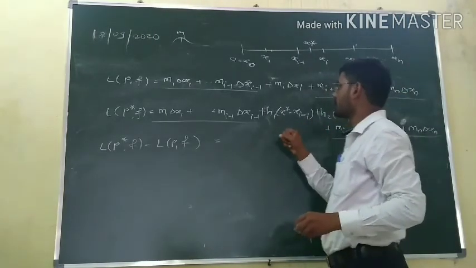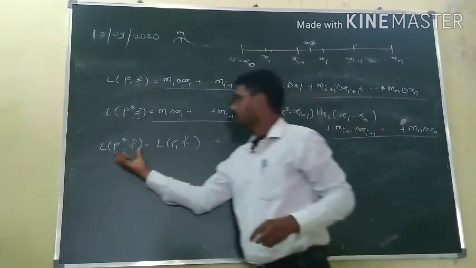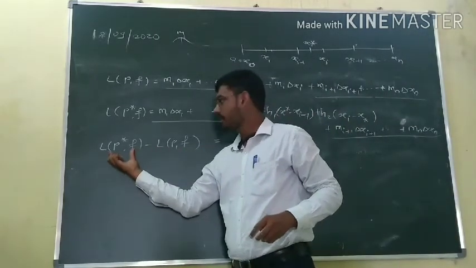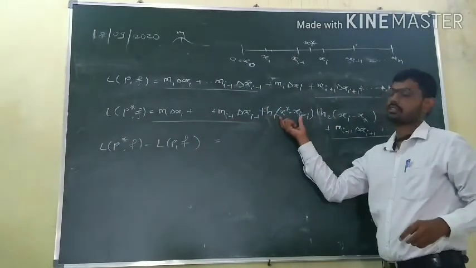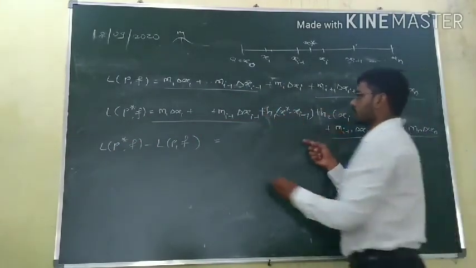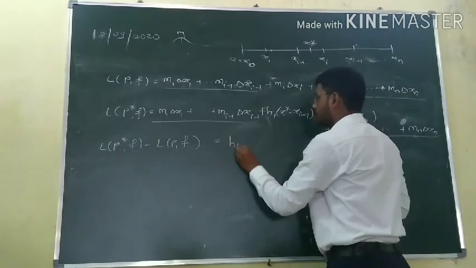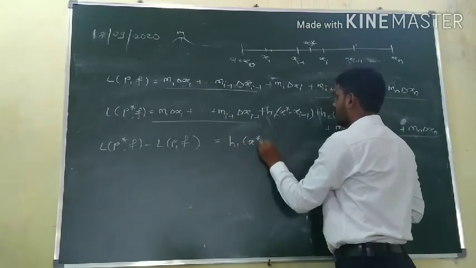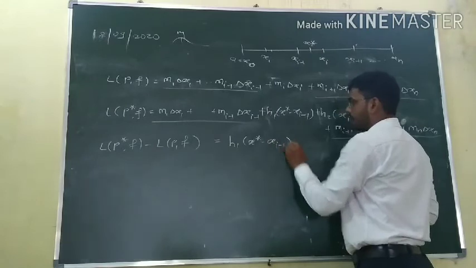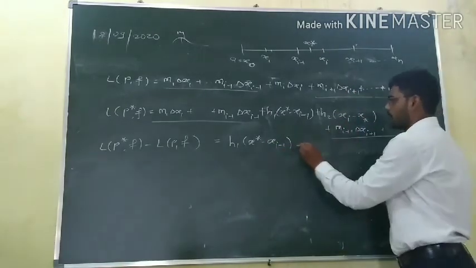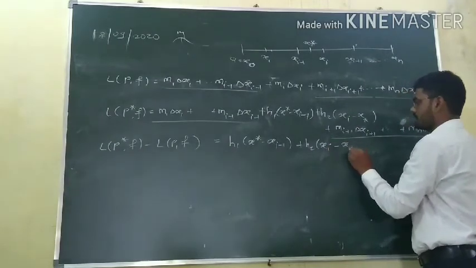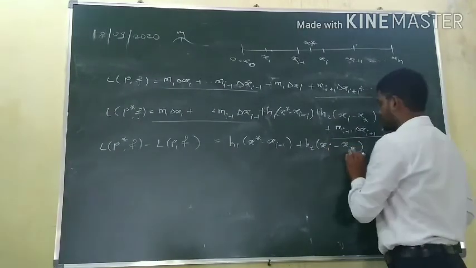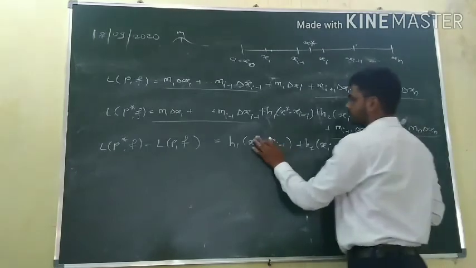So the lower sum of the refinement is written first. We will write the remaining elements from these terms. So here h1 into x star minus x i minus 1 plus h2 into x i minus x star.